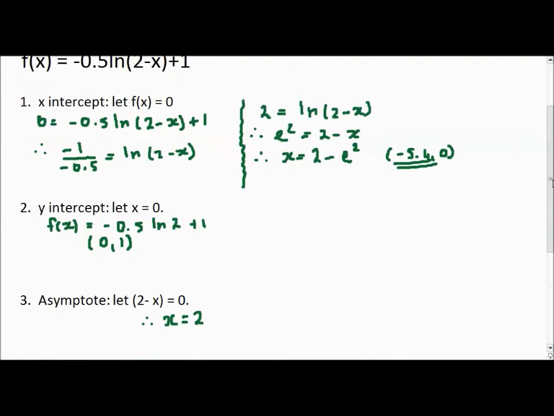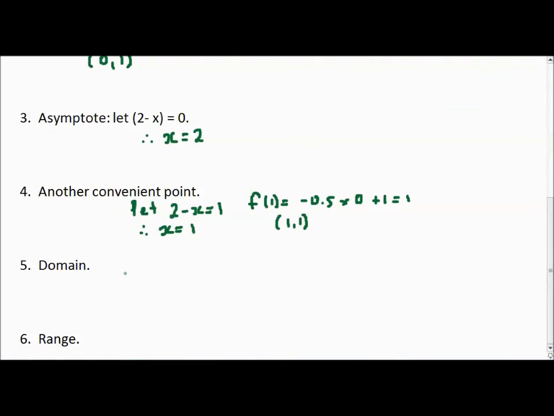So we just say that the domain is x has to be less than 2. The range, as is usual for a logarithmic plot using interval notation, is negative infinity to infinity, not inclusive.